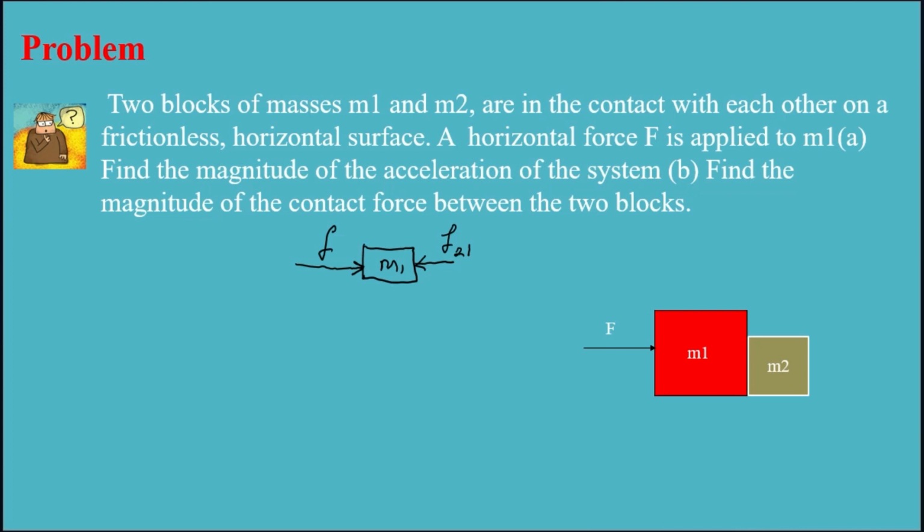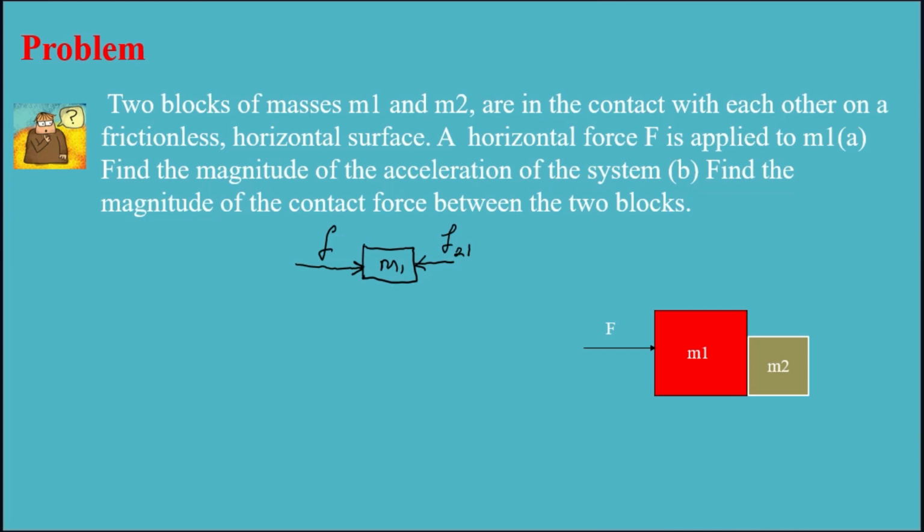It's not a friction force, but it gives you an idea of how that force works. I'm trying to move the block with mass m1, but m2 behaves as a barrier or obstacle and doesn't want me to move m1, so it applies a force in the opposite direction to m1.